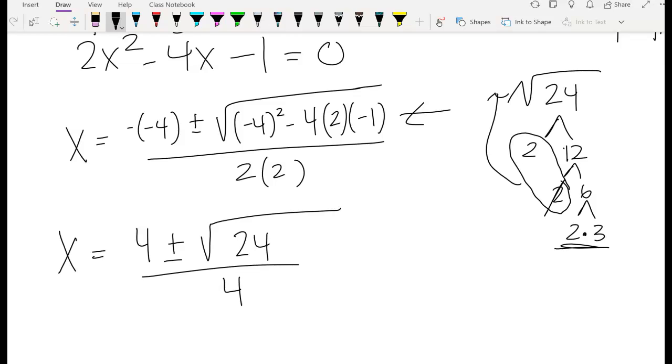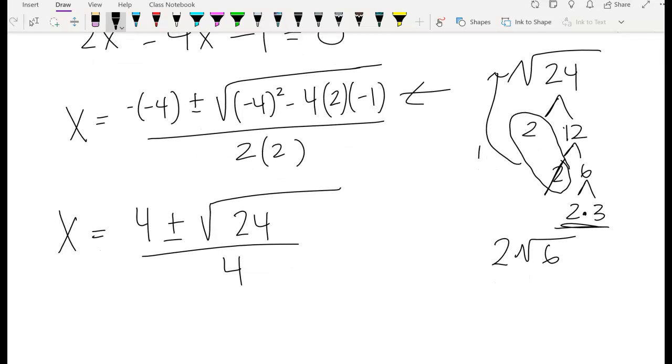So one of the 2's gets put on the outside. So we have 2, because remember, they're escaping, and only 1 makes it, if you remember that reference. Okay, so the 2 breaks out, leaves the 2 and 3 inside because they didn't have buddies to break them out. So it'd be 2 square root 6.